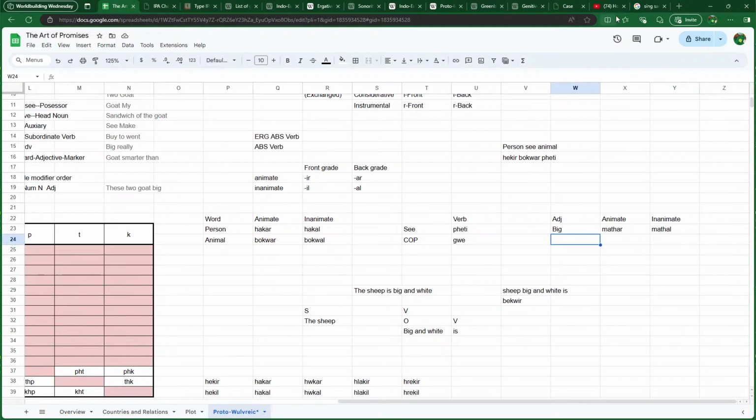Adjective. So colors. I can go way deep into color theory here. Like how the word for white and the word for black both came from the Proto-Indo-European word bale, which meant to burn, right?